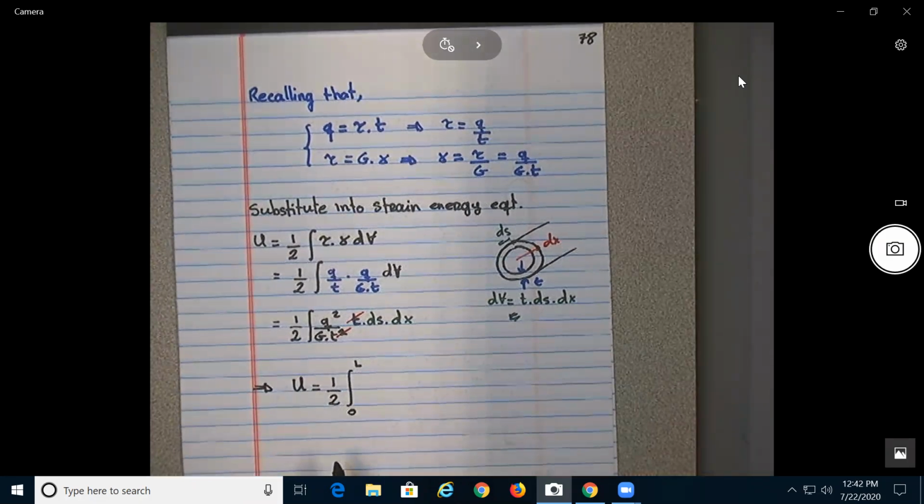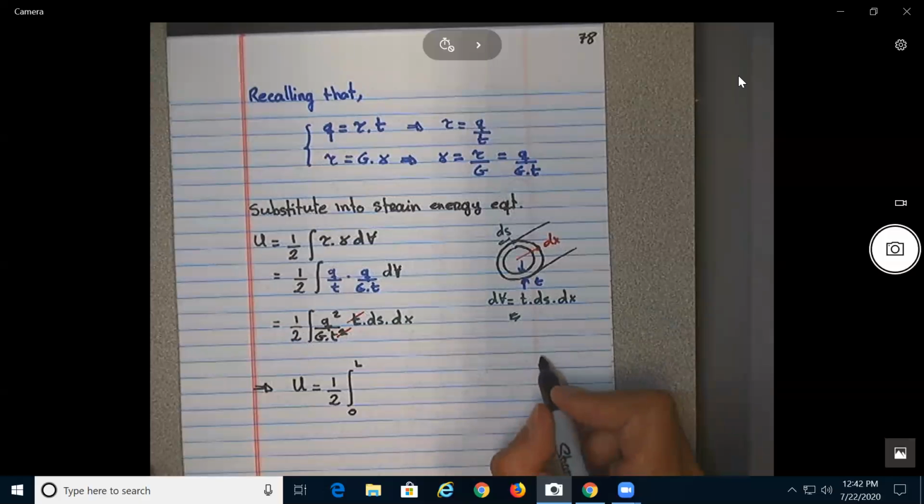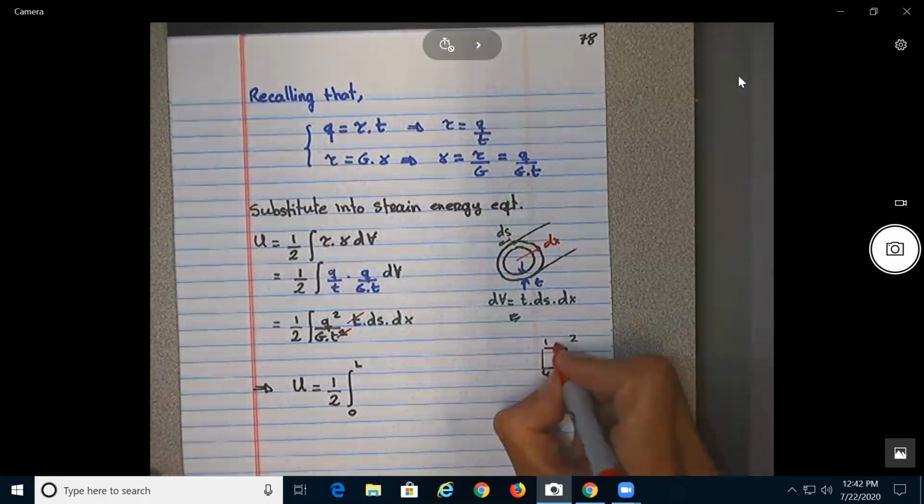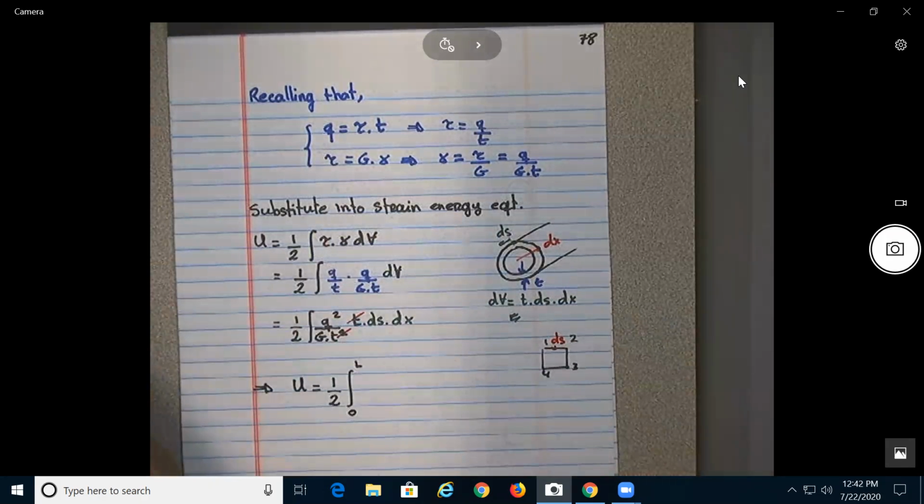Or your bar. But now your ds here, that means that you need to do the calculations for the shear flows around the cross section, no? And we can call this one ds. So that would be another integral.